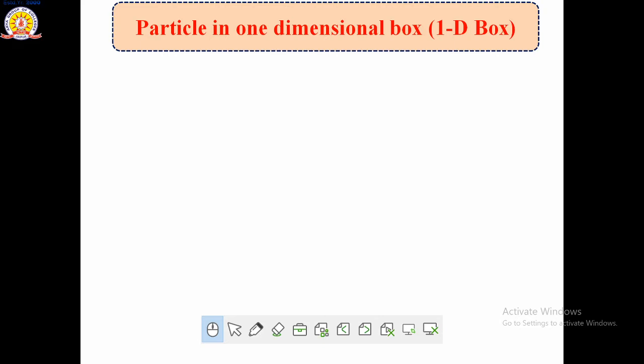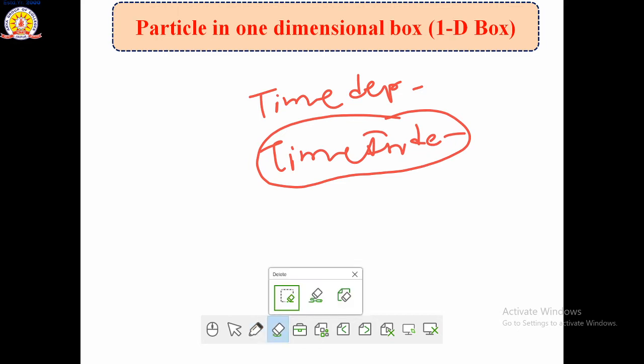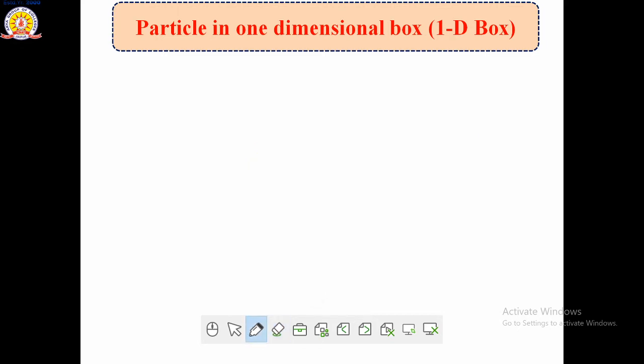In my previous video lecture I already explained the Schrodinger time dependent wave equation and time independent wave equation. So here is the application of the Schrodinger time independent wave equation. See how we apply the Schrodinger wave equation in a one dimensional box.